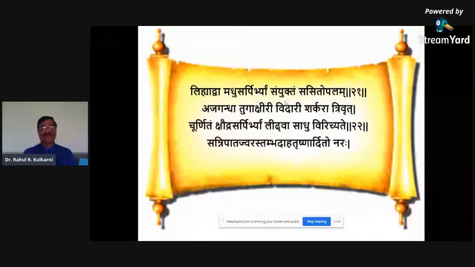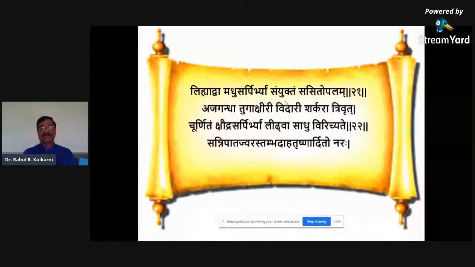Or else Ajagandha, Tugakshiri, Vidari, Sharkara and Trivrut all taken in equal quantity, Churnitam Shaudra Sarpibhyam, mixed with Madhu and Ghruta and given for licking. That will lead to Sadhu Virechana, means Sukha Purvaka Samyak Virechana will be attained by these above yogas.